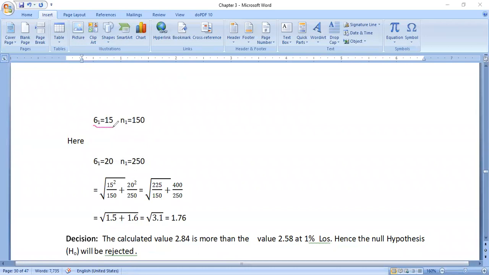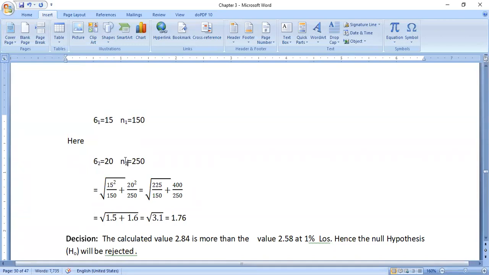Standard deviation 1 is 15, then N1 is equal to 150. Then standard deviation 2 is 20, and N2 is equal to 250.